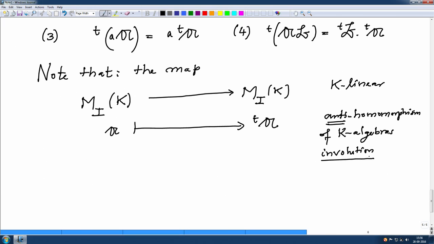That means the square of that is identity, so it is self inverse. A map is called an involution when F square is identity. So that is also called self inverse.